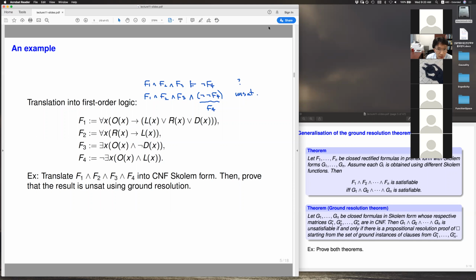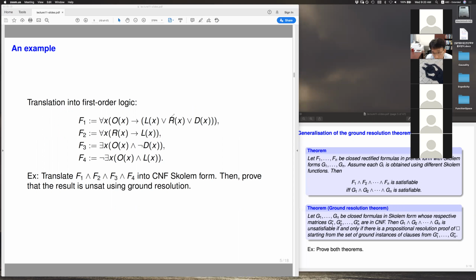Okay, so let me answer this. So the first step that I told you is to translate everything into Prenex form. So let's convert everything into the rectified Prenex form where the matrix is going to be the CNF formula.